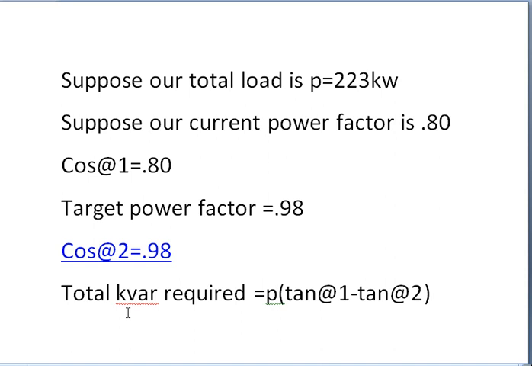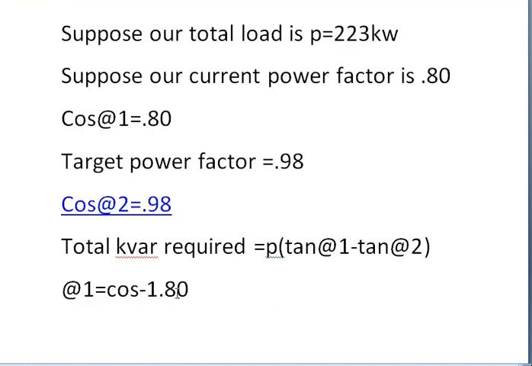So phi 1 will be cos inverse of 0.80, and phi 2 will be cos inverse of 0.98. Let's calculate that; you have to take the inverse of 0.80.